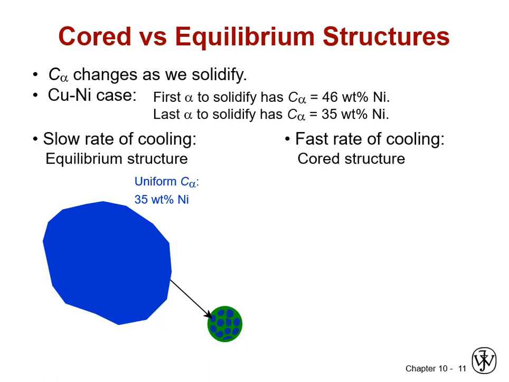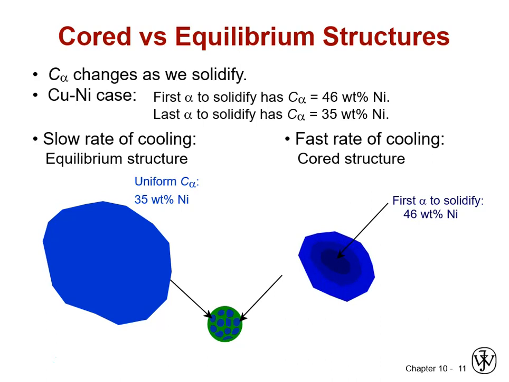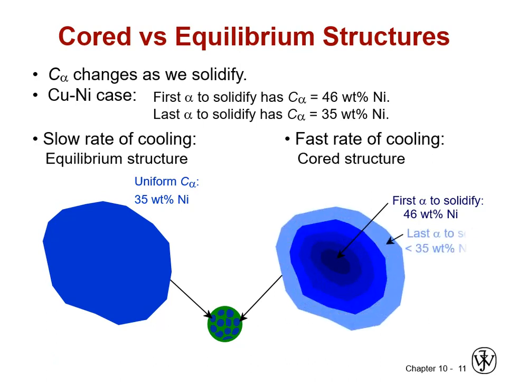If we cool fast, we're going to end up with a nickel-rich core and a copper-rich boundary. Again, the first solid to solidify is 46 weight percent nickel, and then each new layer has less and less nickel, which is being represented by a lighter and lighter color.